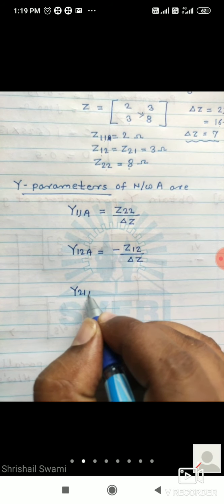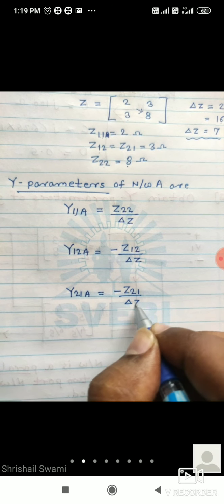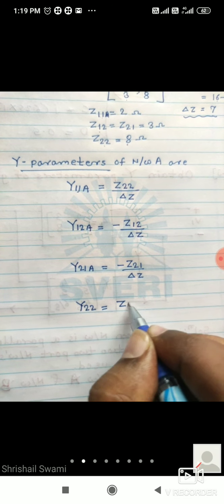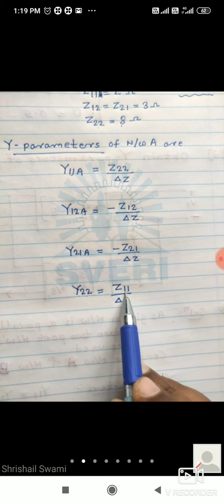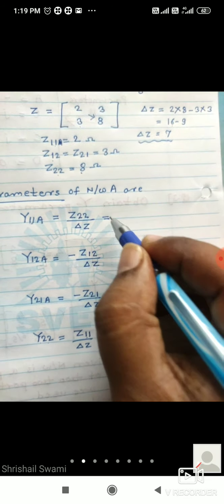Then Y21 of A is equal to minus Z21 divided by delta Z, and Y22 is equal to Z11 divided by delta Z. Just that for Y11 take Z22, for Y22 take Z11, and in every place the denominator is delta Z. So put the values here.